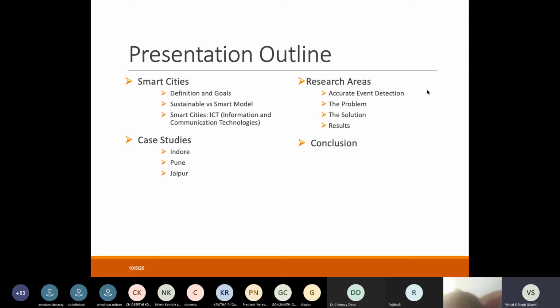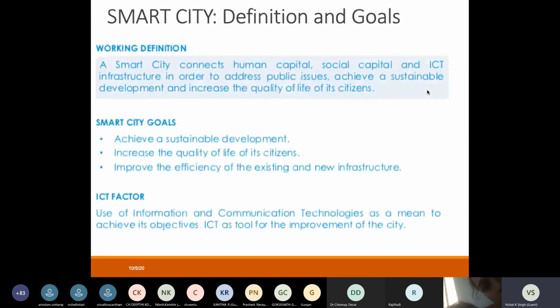I hope all the members who are present over here have a basic idea of what wireless sensor networks are and what Internet of Things are, because these are basically the fundamentals or the building blocks of any smart city or any smart city model when we are talking about it.